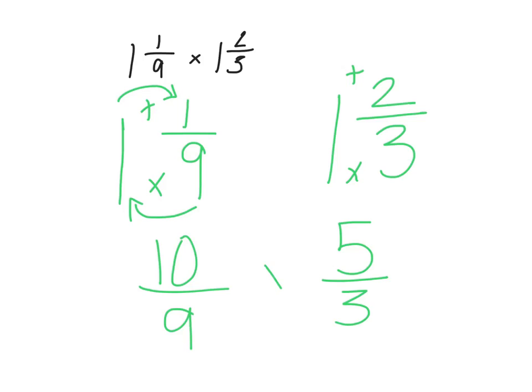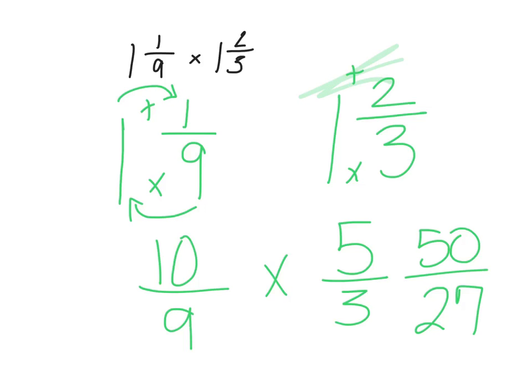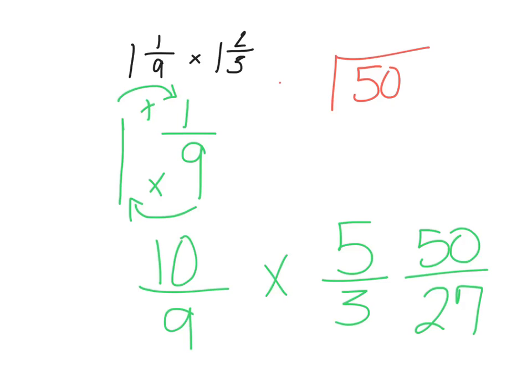10 times 5 is 50. 9 times 3 is 27. So now we have 50/27. We obviously can't leave anything like that. Okay, so 50/27. 50 divided by 27 is only going to go in one time. 1 times 27 is 27.